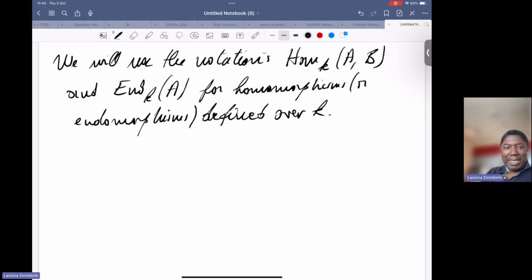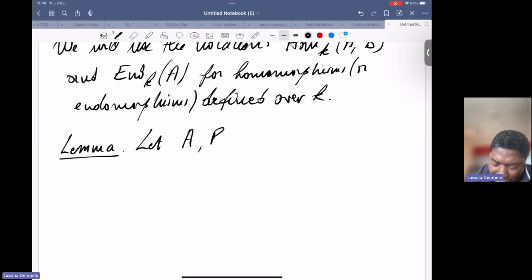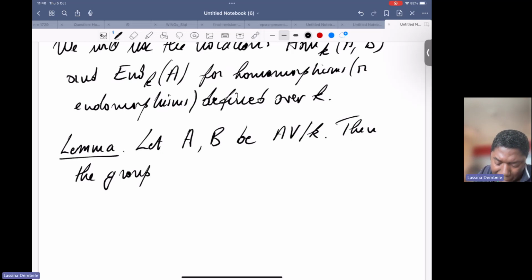So the first lemma that we are going to see is basically telling us this homomorphism group is a torsion-free group. It's the first lemma we are going to prove today. So we let A be an abelian variety over K. Then the group Hom(A, B) is torsion free.